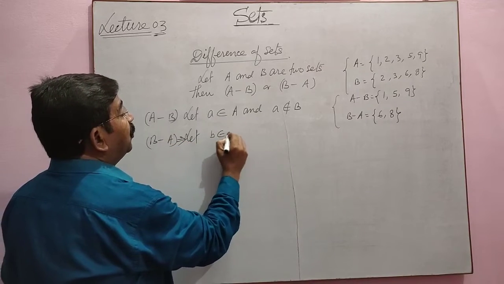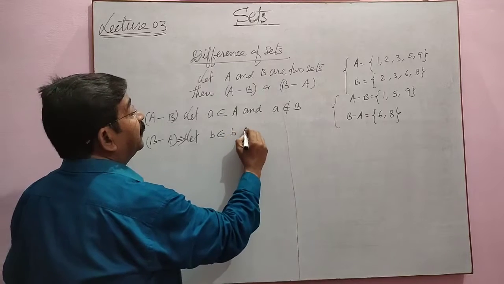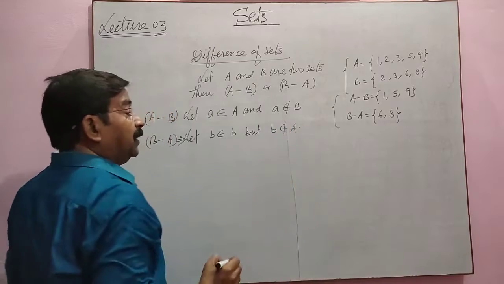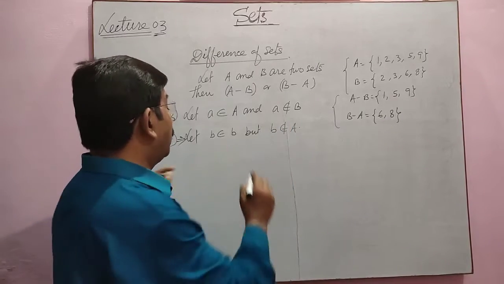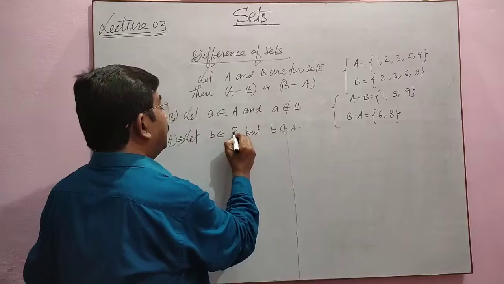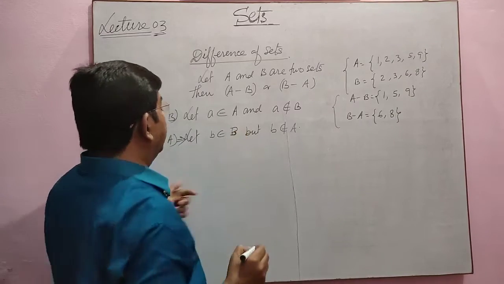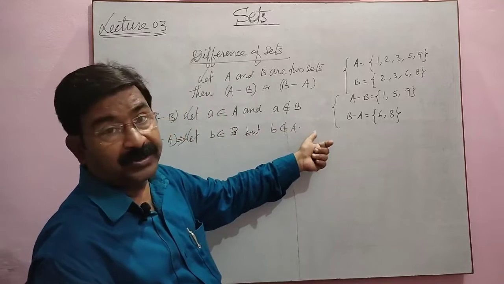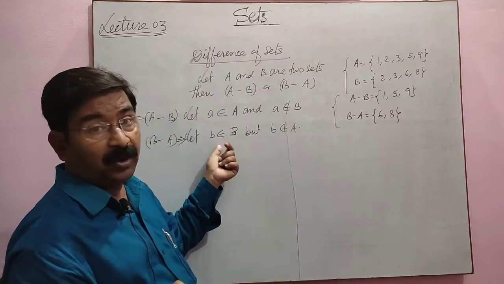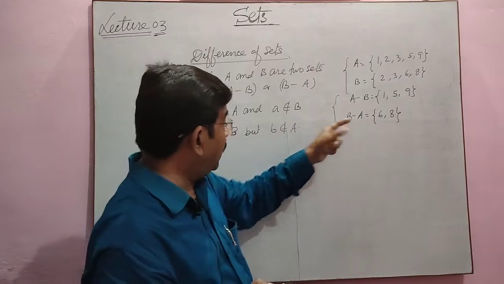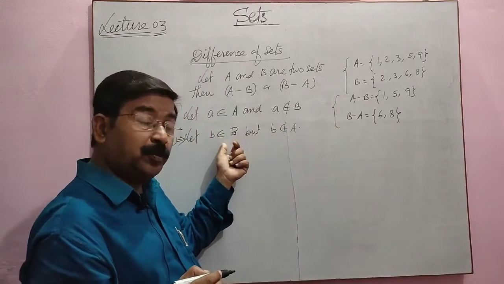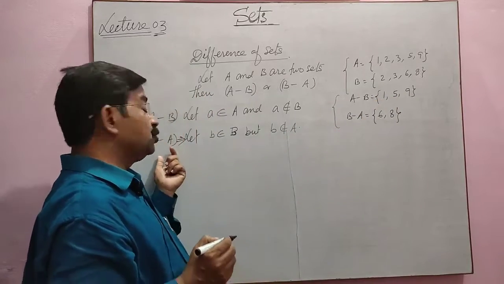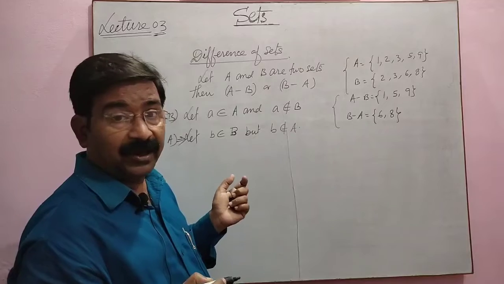Let b belong to B, but b does not belong to A. Any element found in set B, capital B, if any element of set B is not belonging to set A, meaning small b is an element of set B and the same element is not found in A, it means this shows B minus A. Got it?